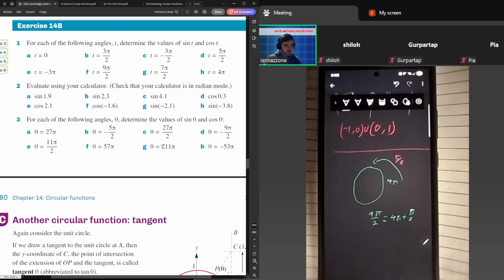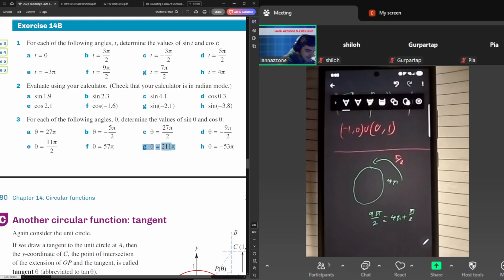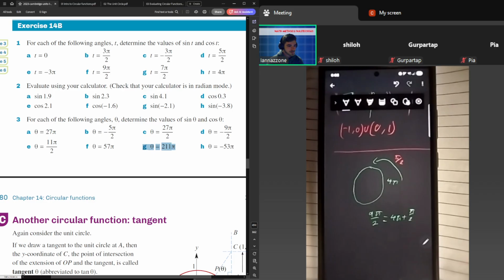We'll do one more for the hell of it. 3G. This is more so just to demonstrate how we can pretty easily and quickly figure that one out, even though it looks like a nasty number.